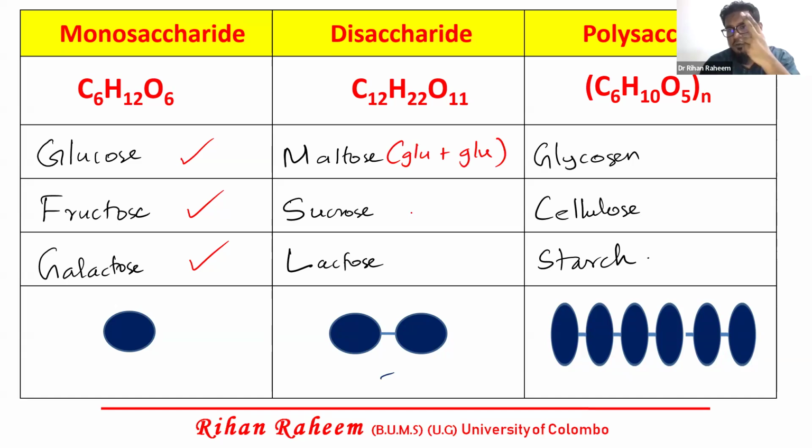Sucrose is also made out of two parts: glucose plus fructose. Lactose is also made out of two: glucose plus galactose. From this, we can get an idea that glucose is present in all the disaccharides. The other part is either glucose, fructose, or galactose.